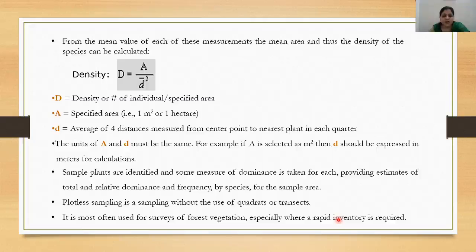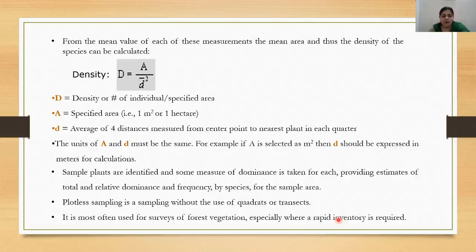Then the sample plants are identified, and some measure of dominance is taken for each, providing estimates of total and relative dominance and frequency by species for the sample area. Plotless sampling is a sampling method without the use of quadrats or transects.